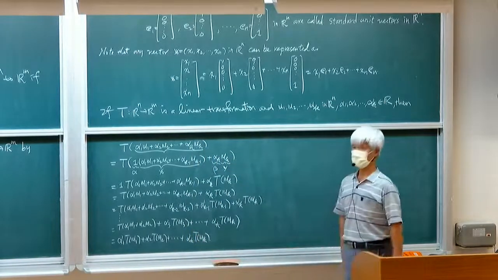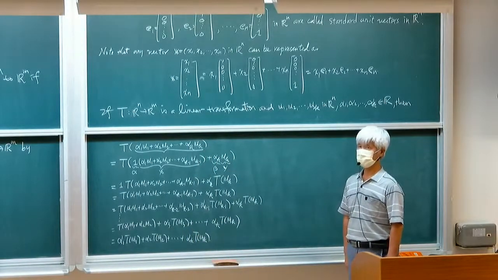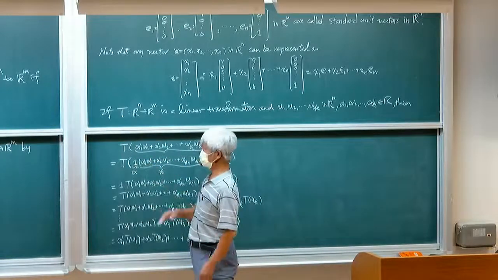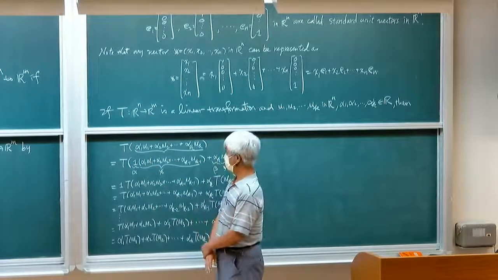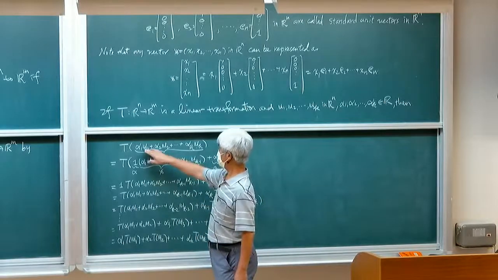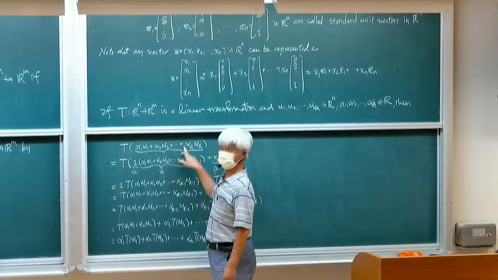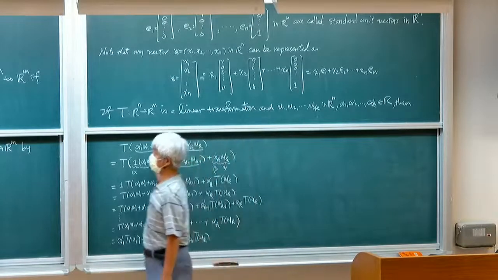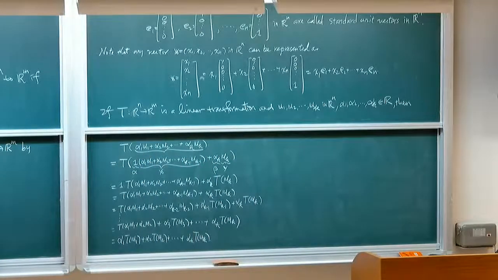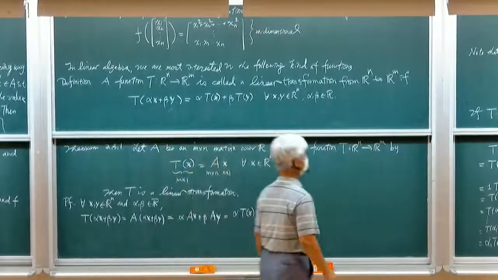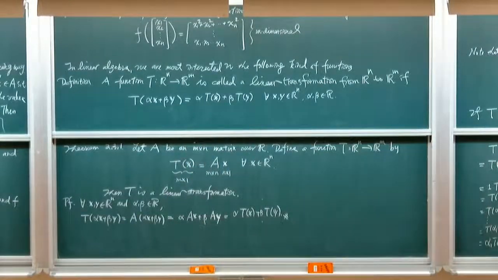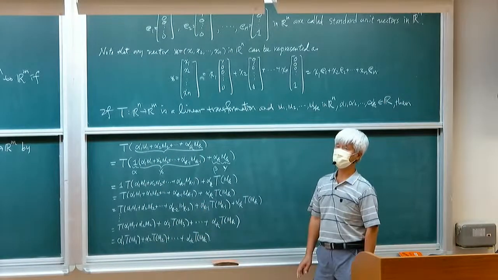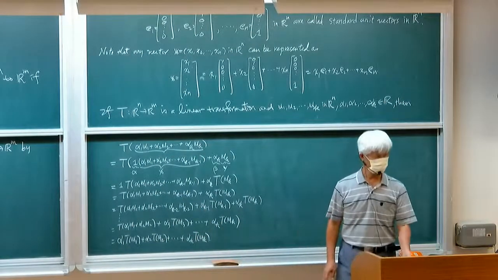So you can see that a linear transformation preserves the format of a linear combination in general, not only for two terms, but for arbitrarily many terms. Questions?